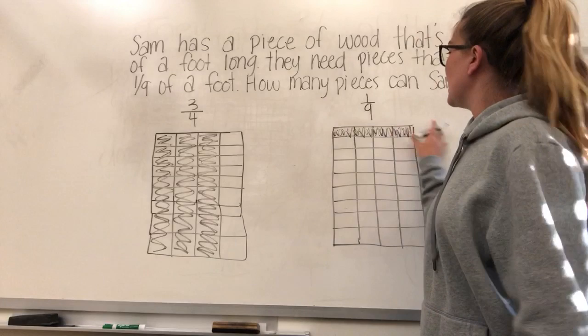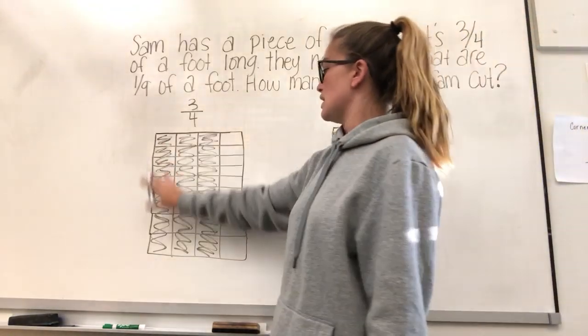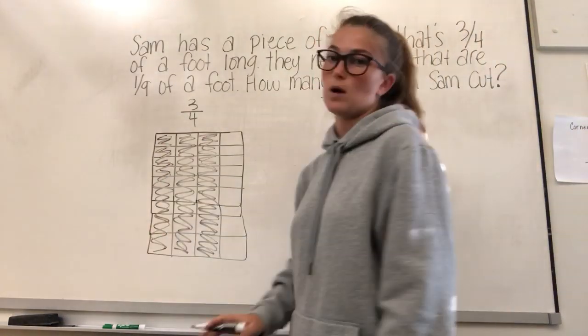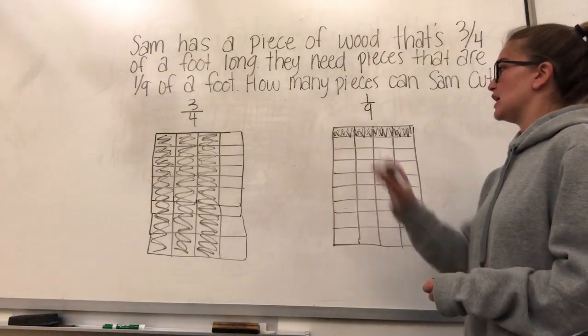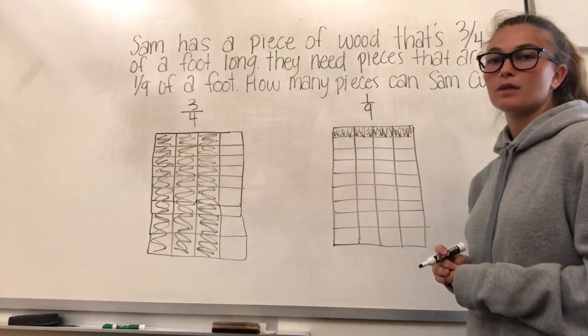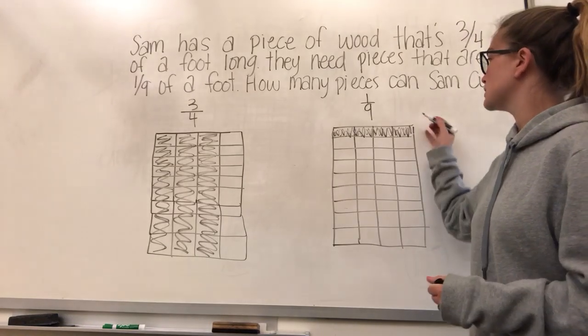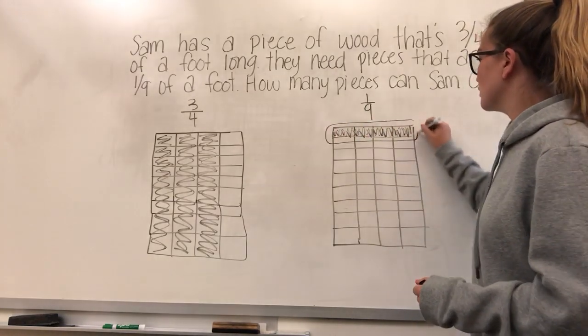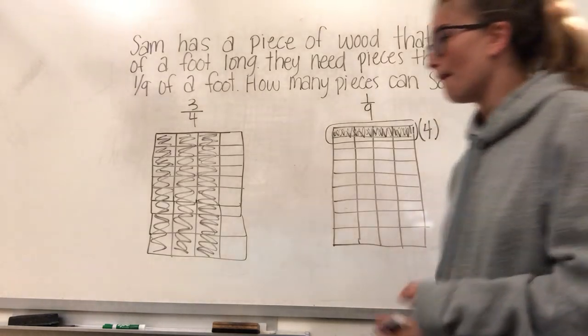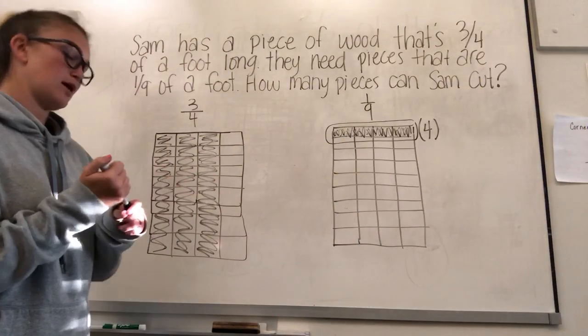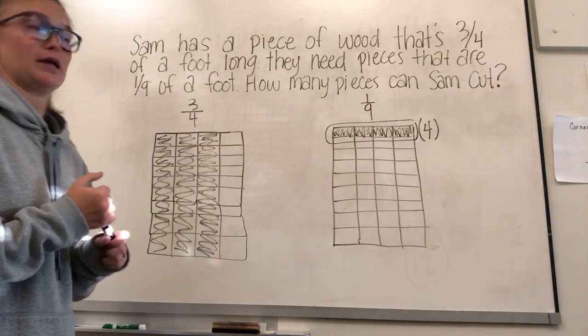So how many 1/9 are going to fit into this 3/4 box. So, John, how many do we have shaded out of this 1/9? Yes, we have 4 boxes shaded. So I want you to write over here 4 so you don't forget, because that's going to be something that we use later on in our final answer.